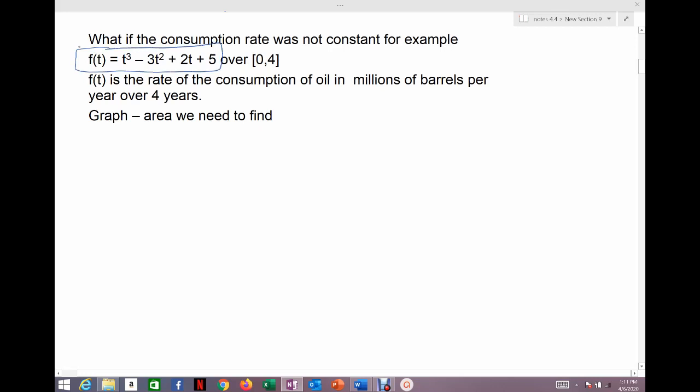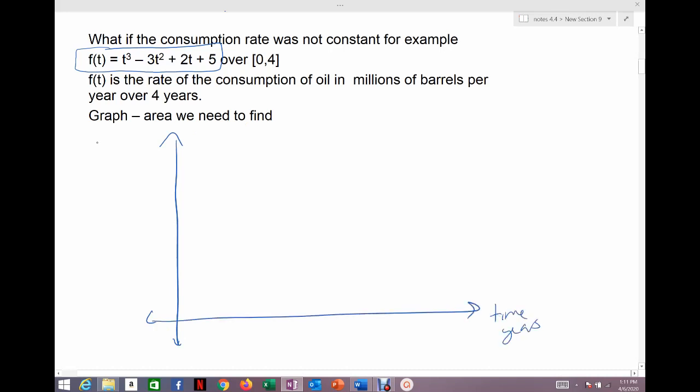It's a cubic over the 4-year period. So f of t is the rate of consumption in millions of barrels per year. This is still time in years, and this is still my rate in millions of barrels of oil per year.